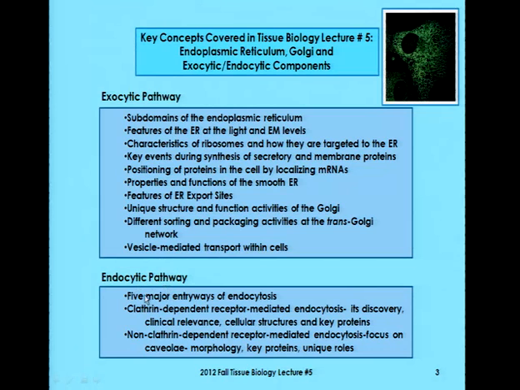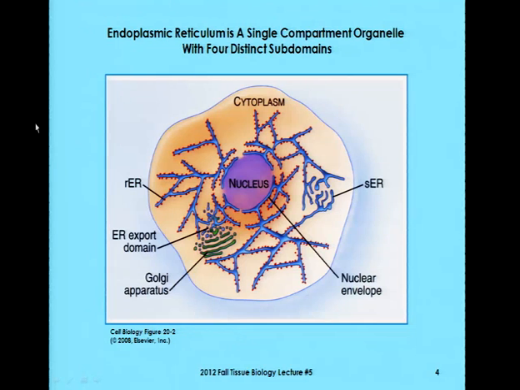We will summarize the 5 major entryways of endocytosis, and then we'll be doing a comparison between clathrin-dependent receptor-mediated endocytosis and non-clathrin-dependent receptor-mediated endocytosis. Now, the endoplasmic reticulum is actually a single compartment organelle, and it has 4 distinct subdomains.